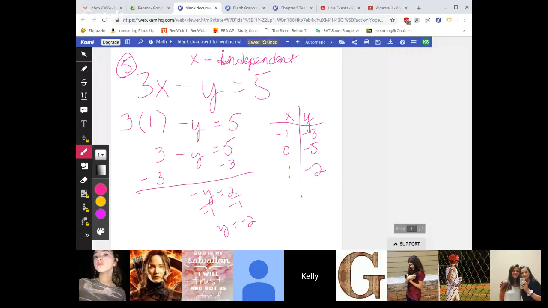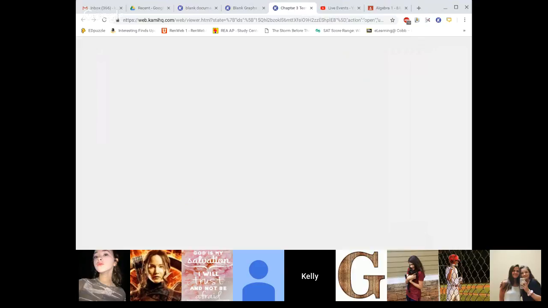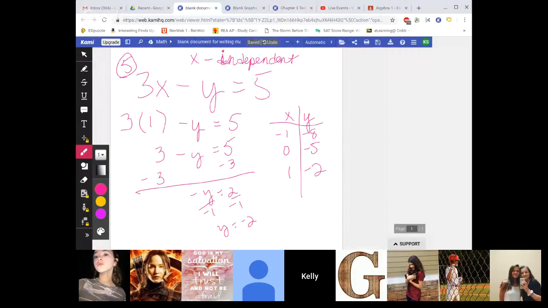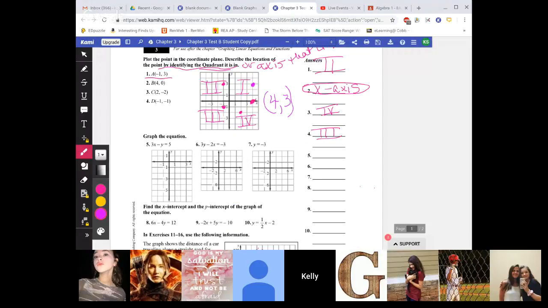So y equals -2. So now I've got 3 ordered pairs: -1, -8; 0, -5; and 1, -2. So -1, -8.